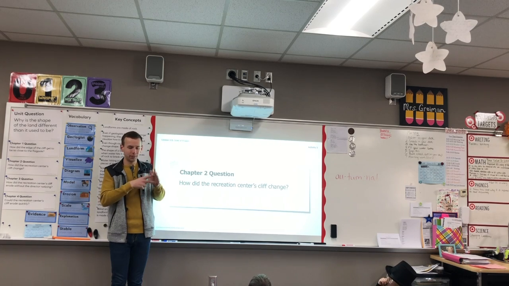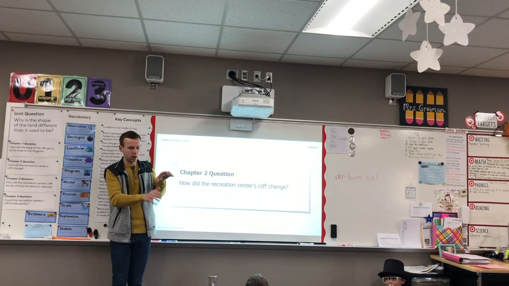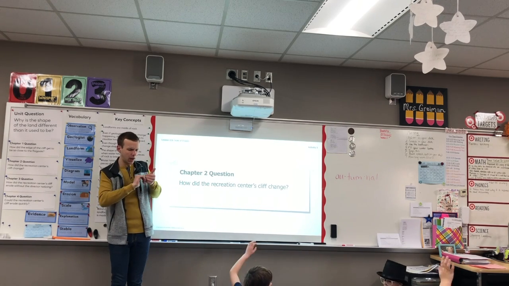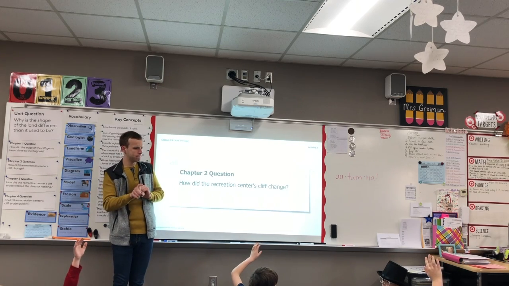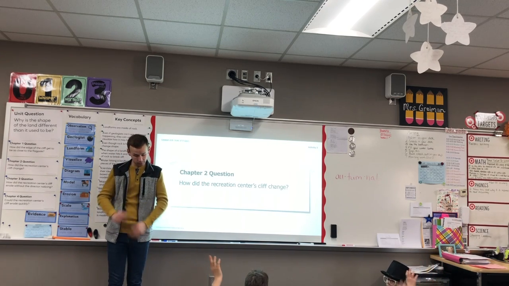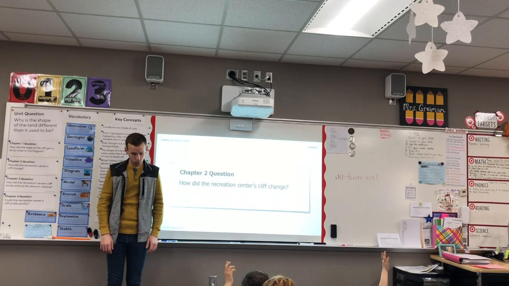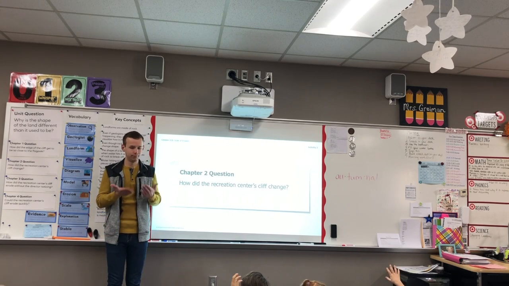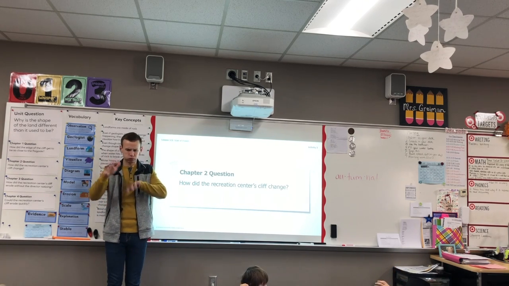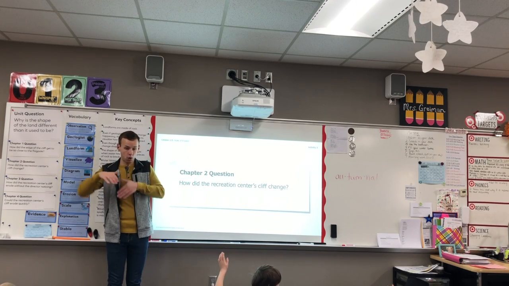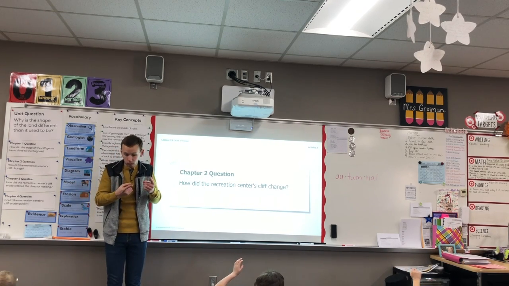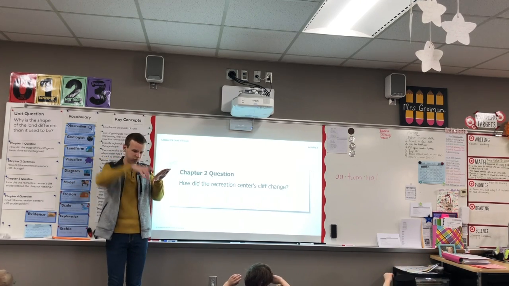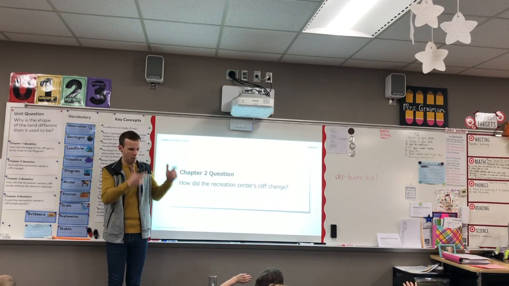How did the recreation center cliff change? Remember from the beginning of this unit? How did this cliff change? Tate? Maybe there was a giant storm and giant waves came up to the rock and then it smashed the big huge rocks off and now it's like 1 meter away.